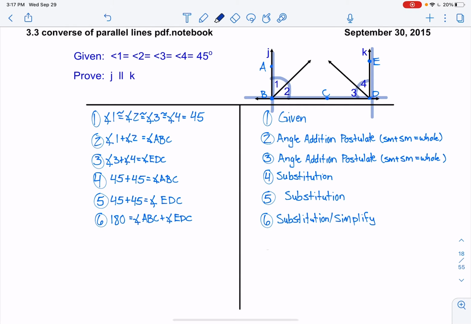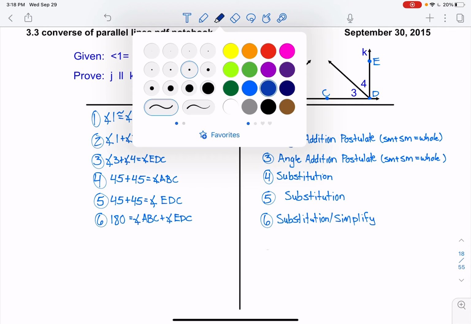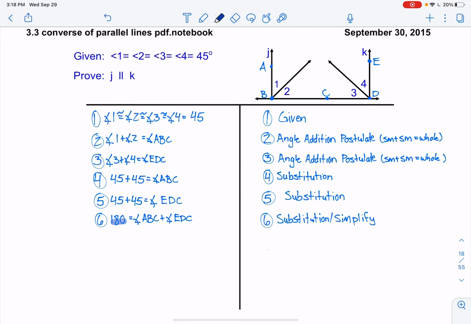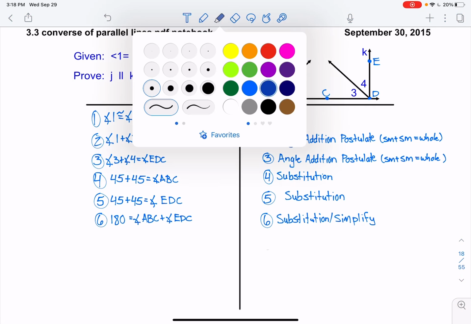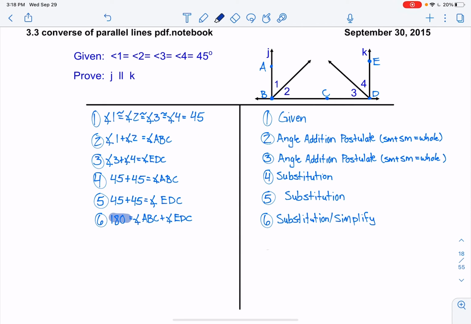This angle and this angle are consecutive on the same side of this transversal, on the inside. They're on the interior. And what do we know about consecutive interior angles? They're supplementary. Well, we just showed that when I added those up, they are in fact supplementary. So my last step is they are parallel.